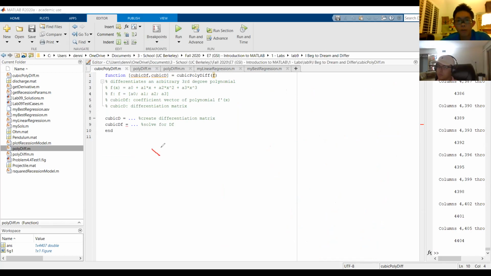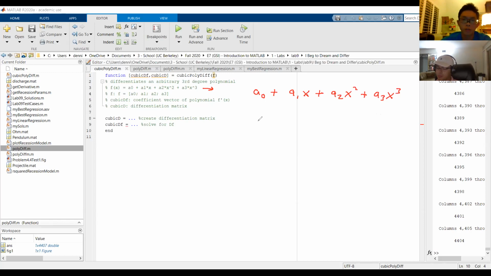So let's say that we have x to the power of 3, and then that gets turned into. Before I do this, I'm going to write this in the way they want to do it. It's a little different. We're going to flip this around, and we're going to write it like a naught, the constant first, and then we're going to go up in order. a2 x squared plus a3 x to the power of 3.